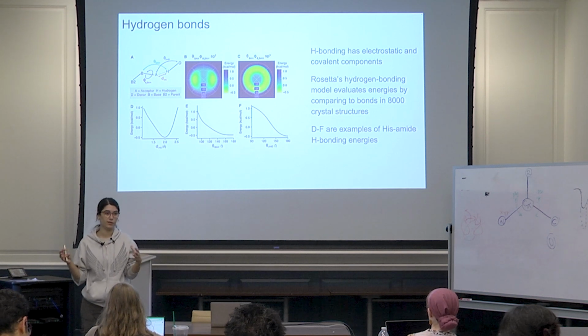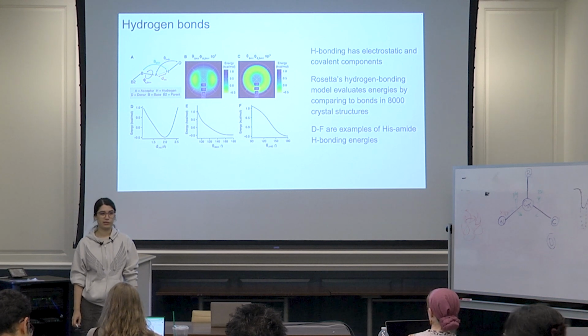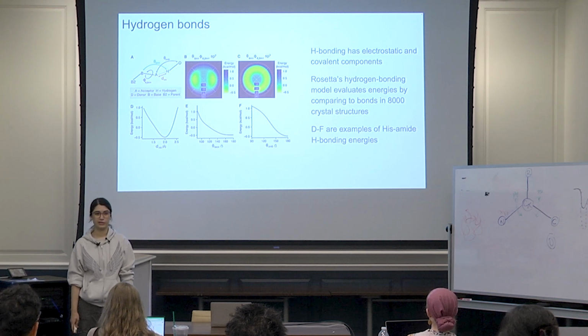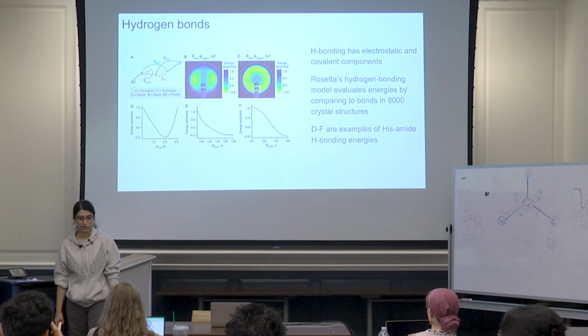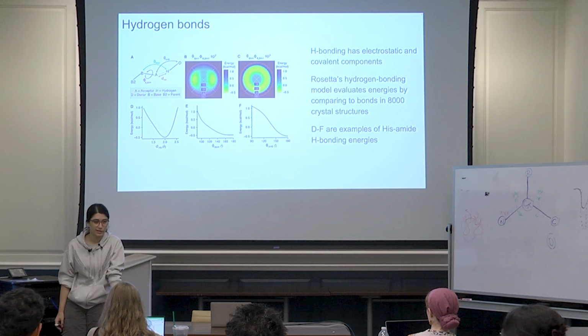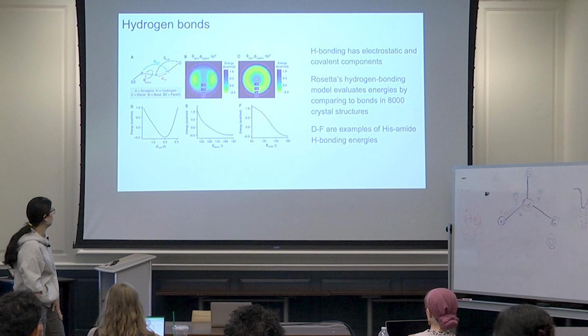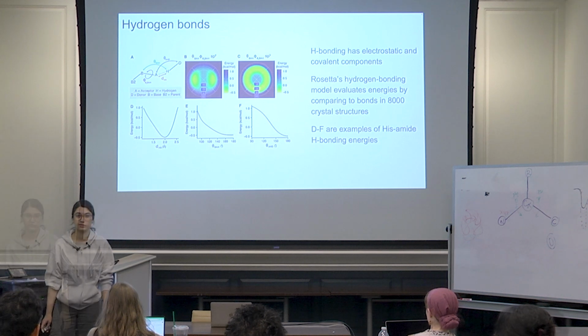Anybody know hydrogen bond distance? If we could get a quick maximum and minimum on that. Okay, we're hearing 4 angstrom. Anything else? Okay, so on the graph there is 2 angstroms.